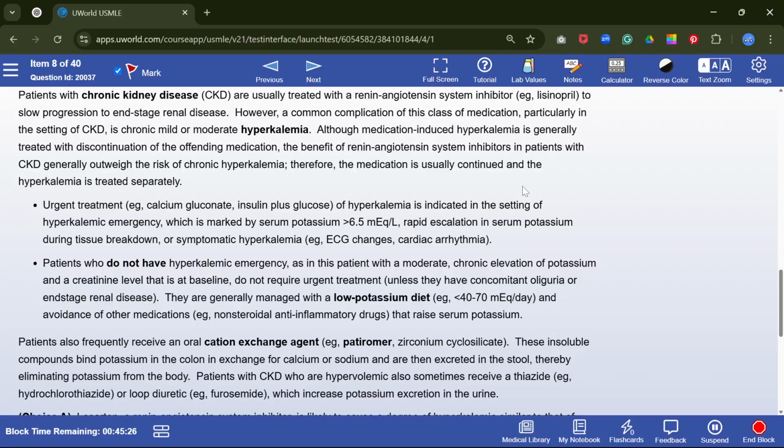Patients with CKD who are hypervolemic also sometimes receive a thiazide, hydrochlorothiazide, or loop diuretic, furosemide, which increase potassium excretion.